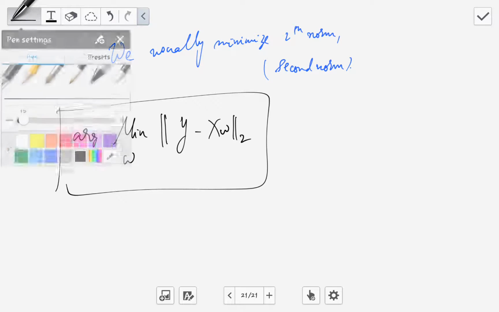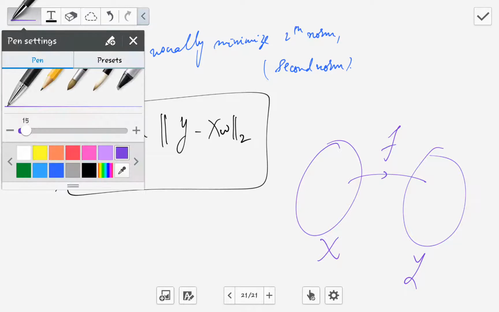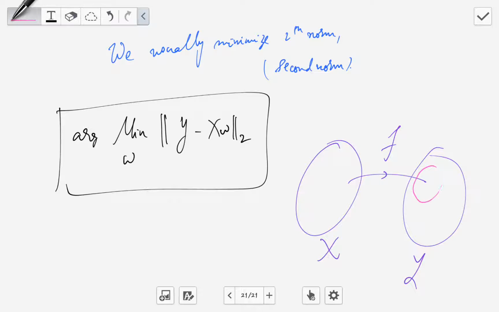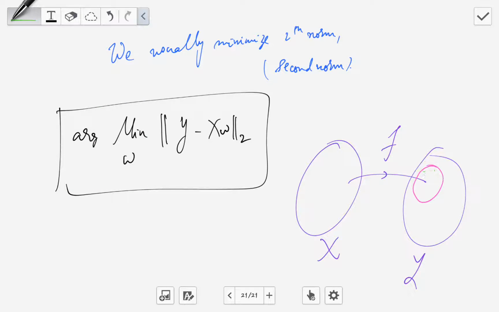This encapsulates the fact that I am finding a function f from this to this, such that this is only a portion of the space.